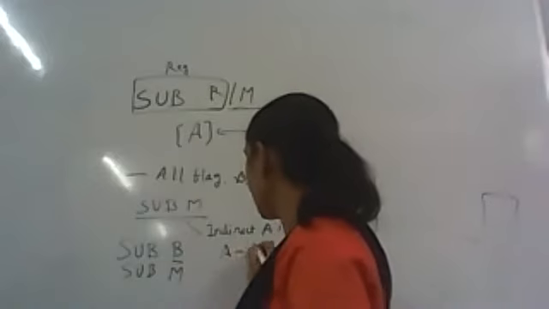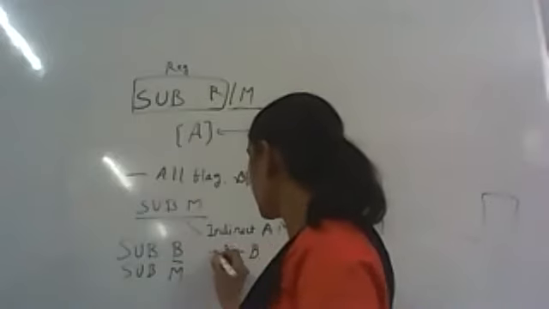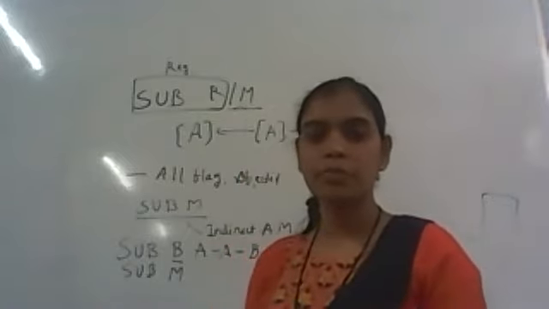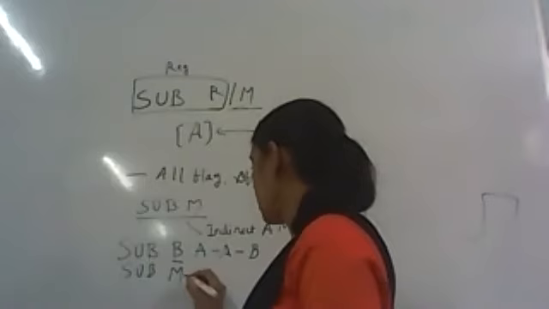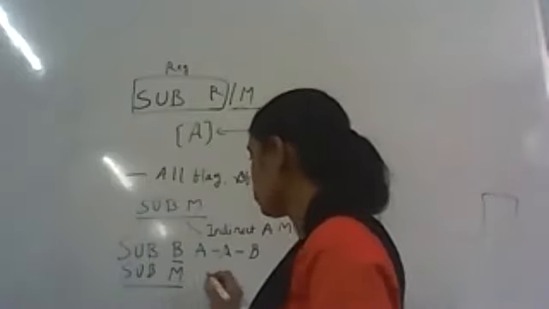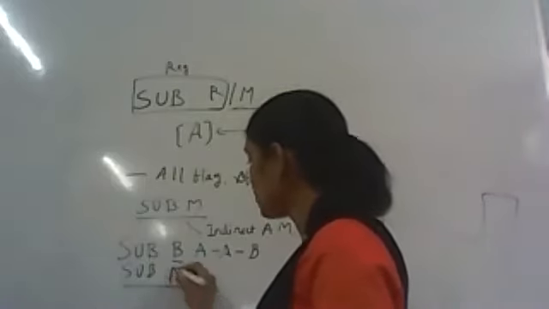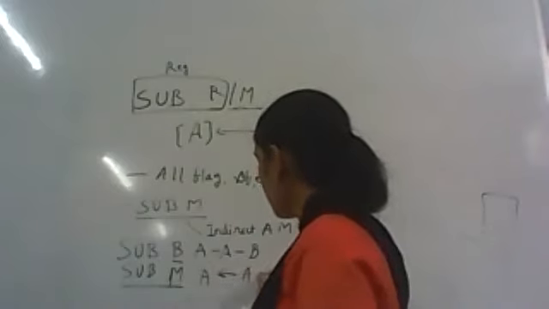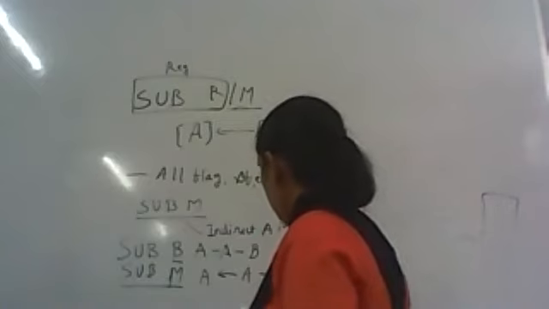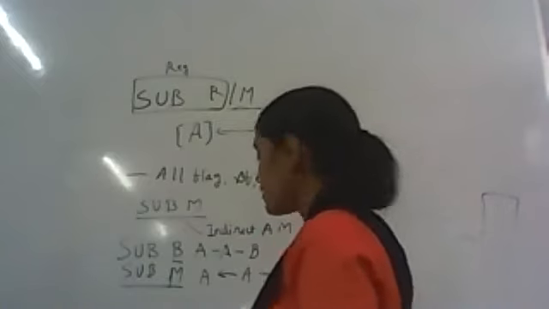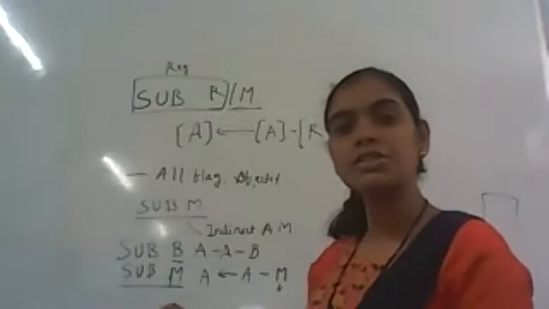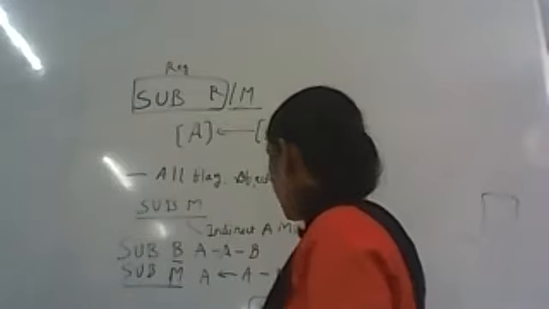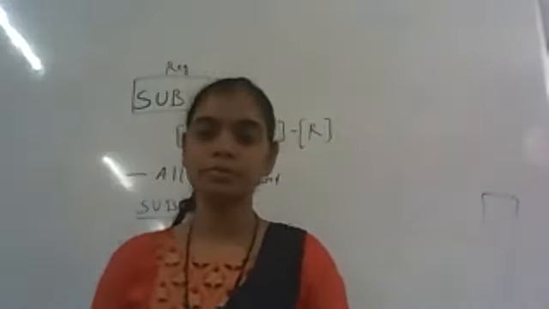So A minus B, and the result is stored in the accumulator. Same here, SUB M, where the operand is memory. The result is also stored in the accumulator, and the memory location address is specified in the HL register pair. Got it?